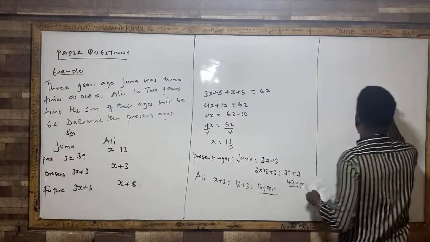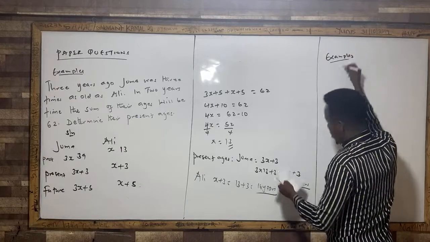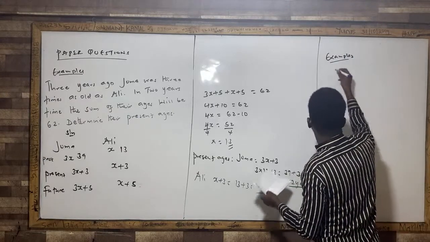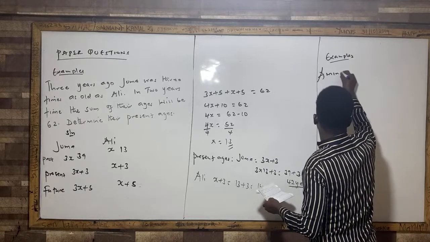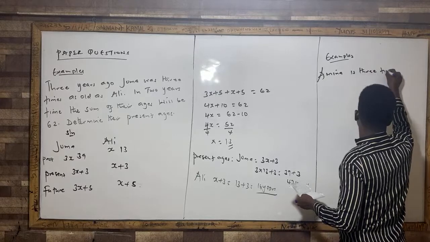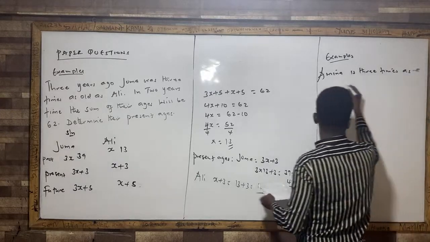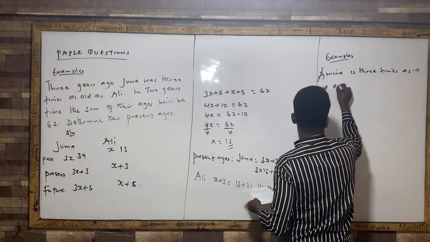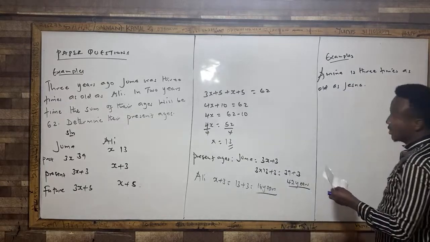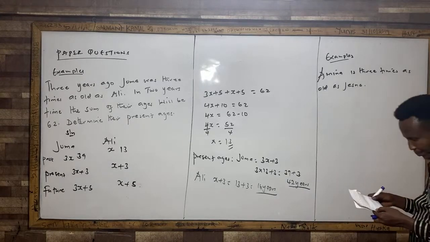Let's come here. This will be our example 2. Amina is 3 times as old as Jesna, full stop.